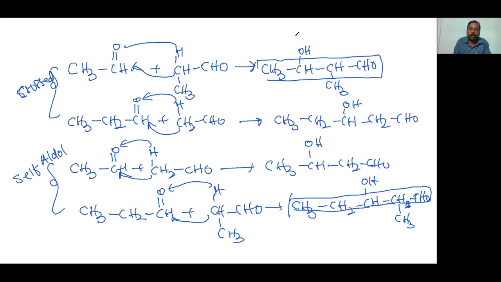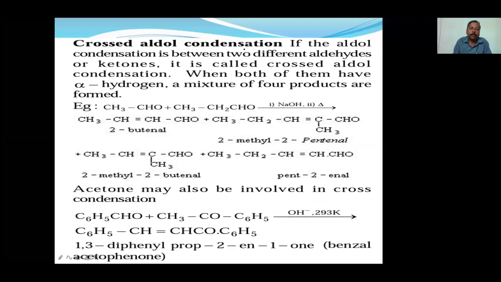Okay, so now I think it is clear. So let's move on to the slides again. Okay, so this is what I have explained, crossed aldol, and a question like this will definitely come.